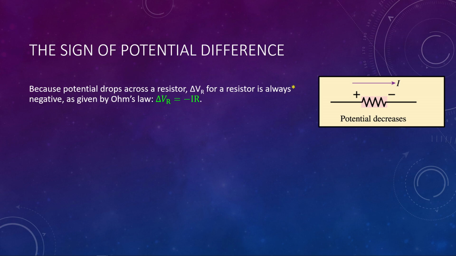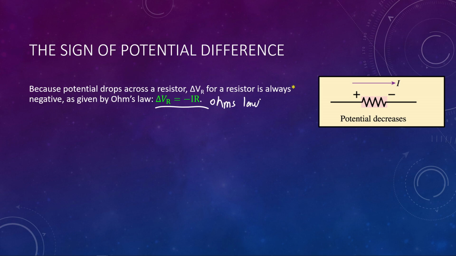So let me just step you through the signs of potential difference when dealing with these circuits. First of all, in pretty much every case, that's why I put a yellow asterisk here, in most cases, whenever you move across a resistor, you're going to have a voltage drop. Because it's a decrease, we see a negative sign for the potential difference across a resistor. And the equation we use to represent that potential difference is just Ohm's law.